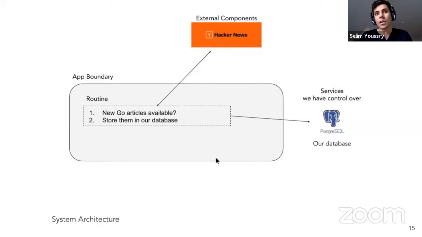So there's the logic here, and then there is the interaction with external components that I have no control over. If Hacker News is down, or if the website doesn't exist, I just can't use it anymore. And then here, my database: we didn't write Postgres, but we can use it, we can configure it, we can make sure it's highly available, things like that. So we have configuration control over it.